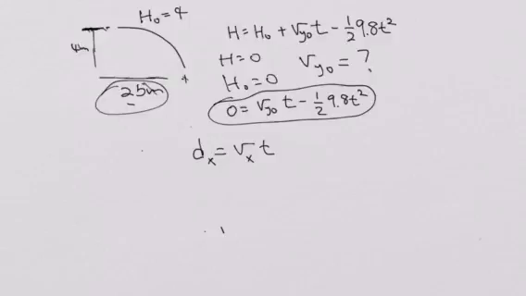This velocity in the x direction is a constant, and we know d sub x is 25, so that's equal to some constant, v sub x, times t.